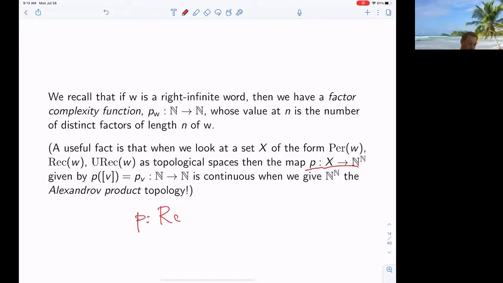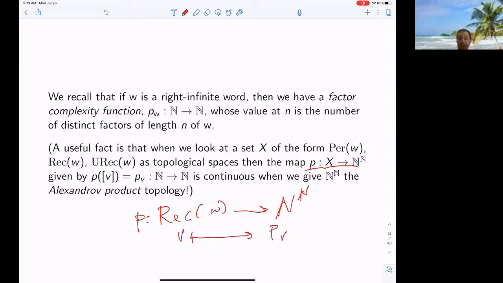So maybe I'll look at rect W to, I can think of a complexity function as a map from the natural numbers to the natural numbers. It inputs the number n, and it outputs the number of factors of length n. And this is the topological space.